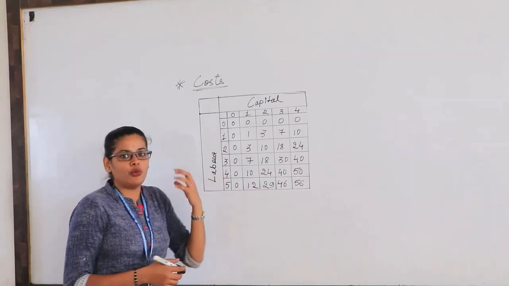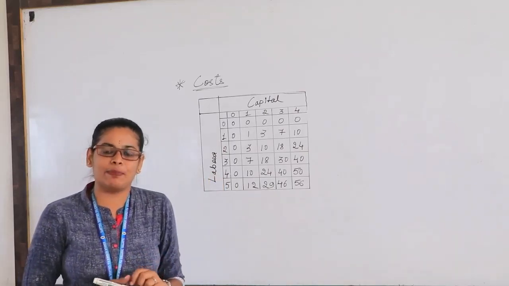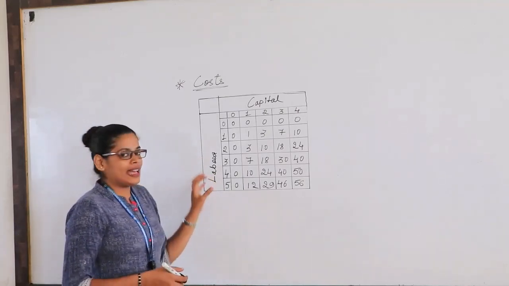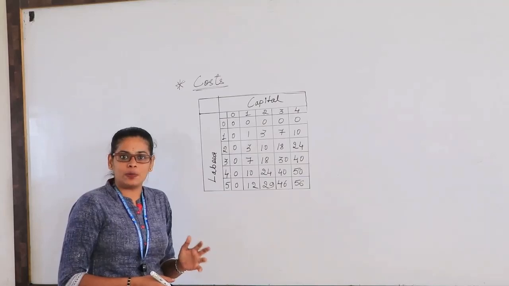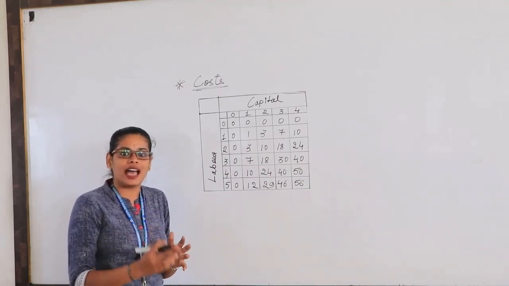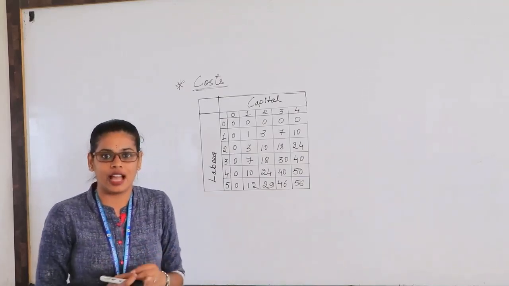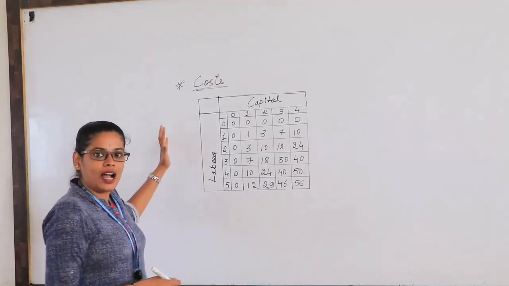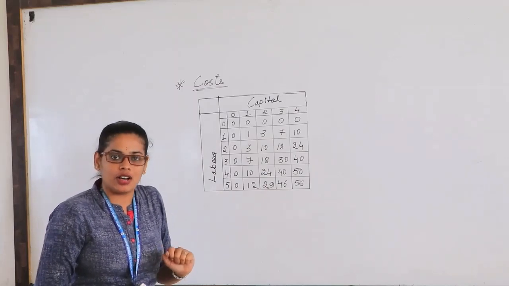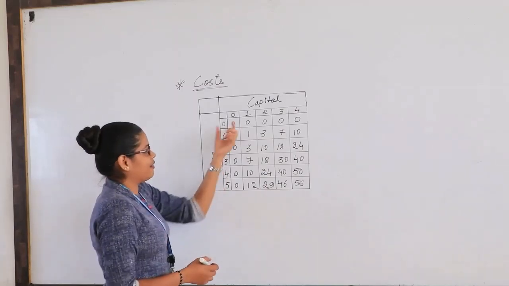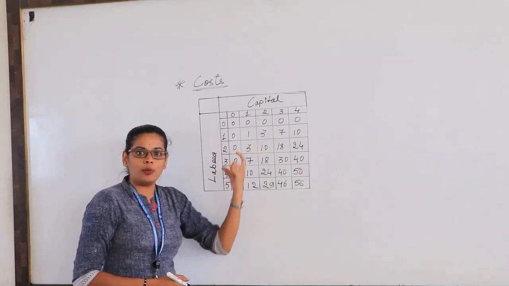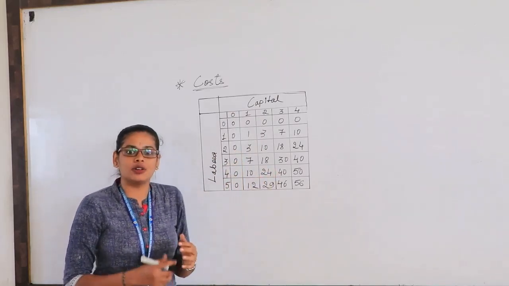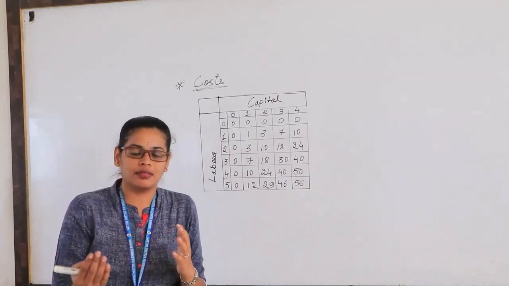If you remember what we discussed in the previous class with regard to this table, as we go on increasing one input, that will always have an impact on the output. But now, when we are talking about cost, you can see that when we have two different combinations of inputs, then we get a different output.